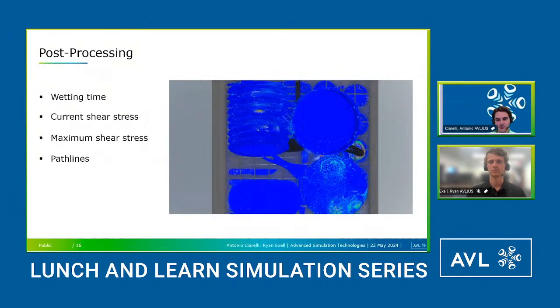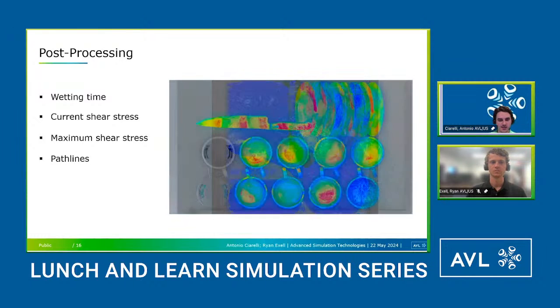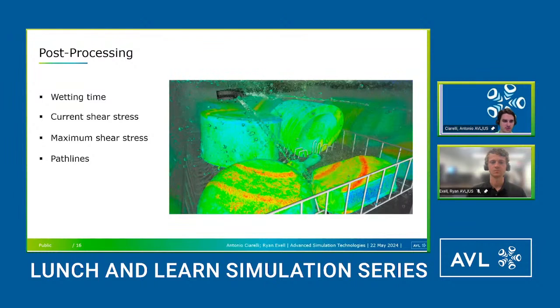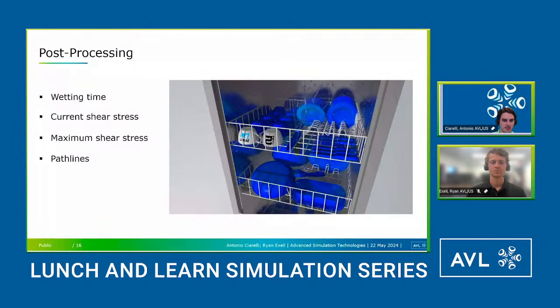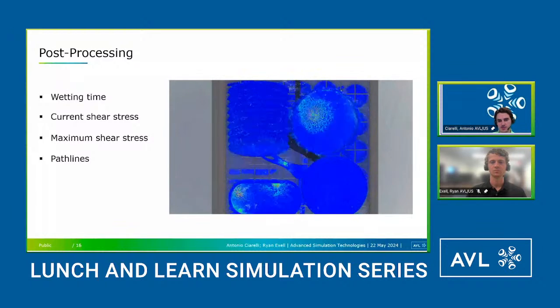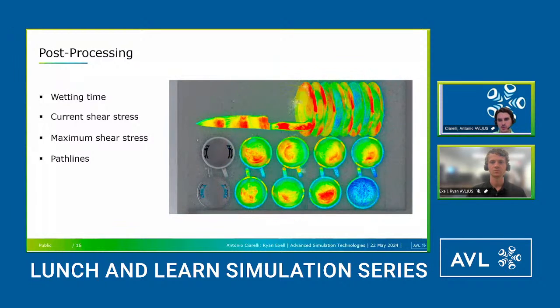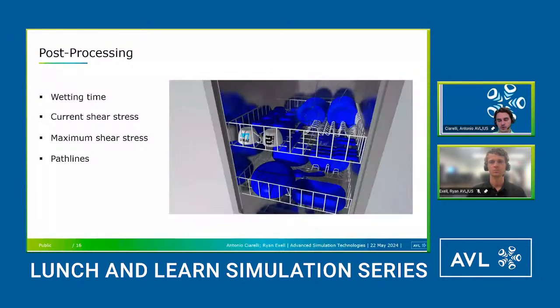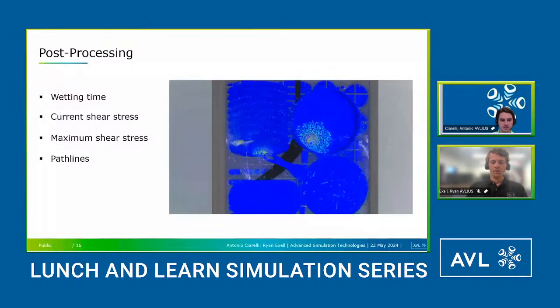Post-processing is where you get most of your interesting data and your fun images out of this presentation. And the main ones we were looking at here were the wetting time, which is a sensor you can connect to each of the solids. And this showcases how much time, either currently or overall throughout the run, that fluid was in contact and where with each of the solids.